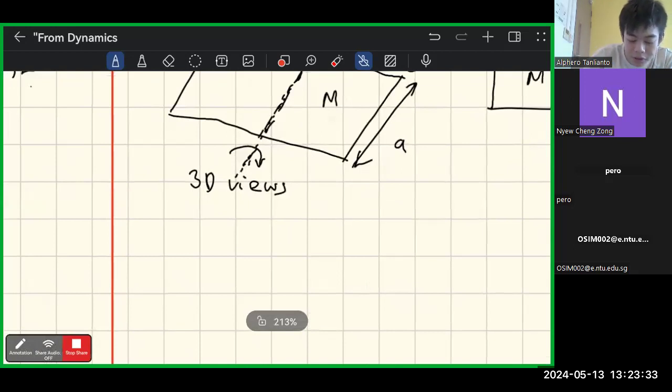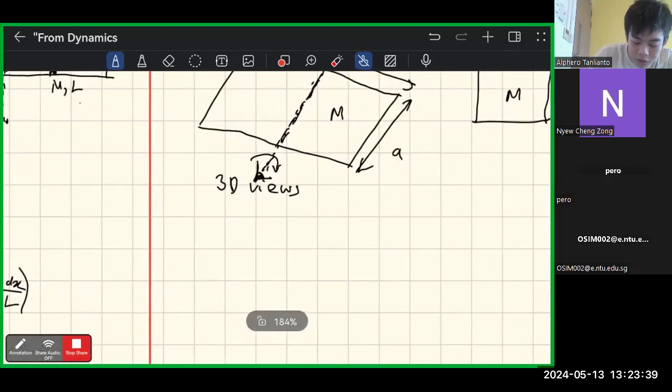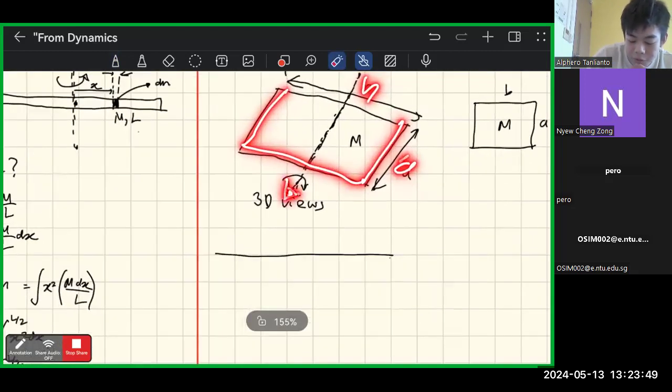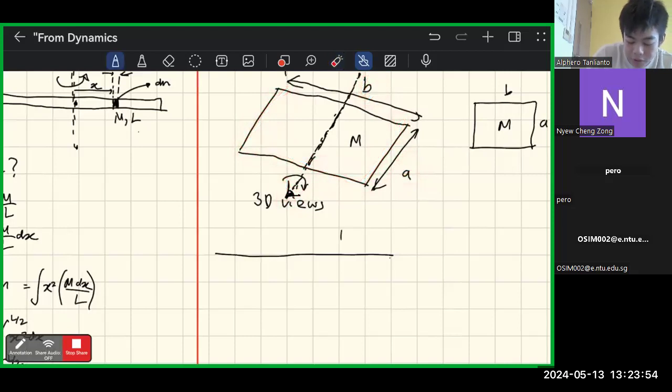If we see the rod from this view, we can see that it's not a rod, sorry, it's a rectangle with the length of A and B, and from this perspective, we can see that it's only a rod with the length of B and the mass M, rotating around this point.